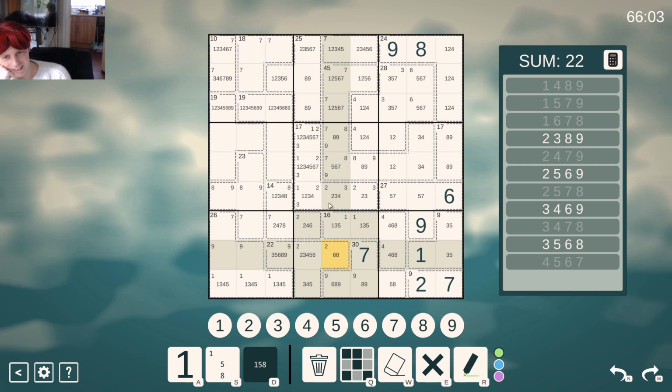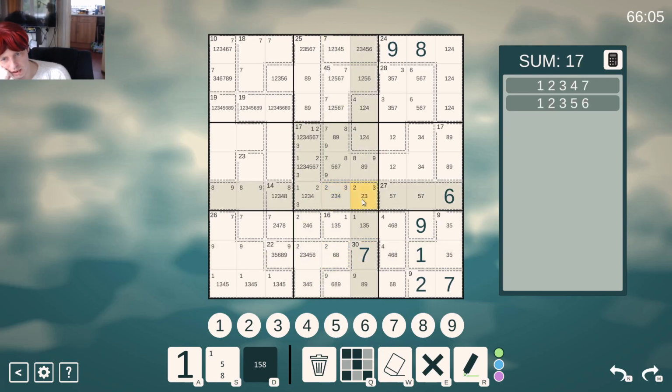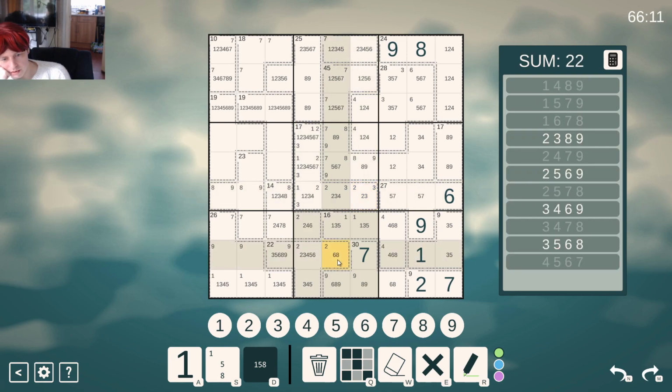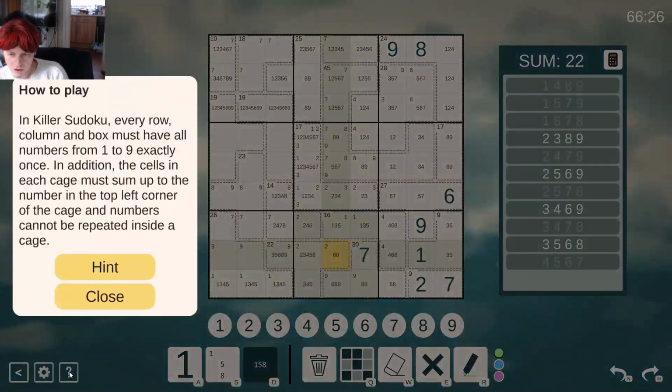If that's 6, then that has to be 4 and that has to be 3. If that's 8, then it's a 3-2 combination. Oh yeah, this is called Killer Sudoku. And how it works, well, these are the rules. I'll just put them up briefly there.